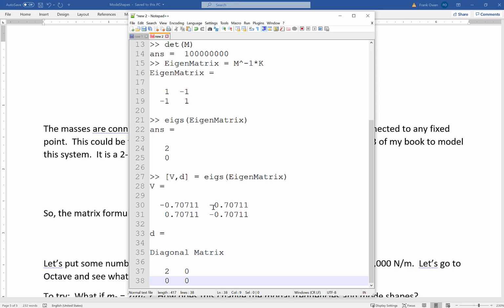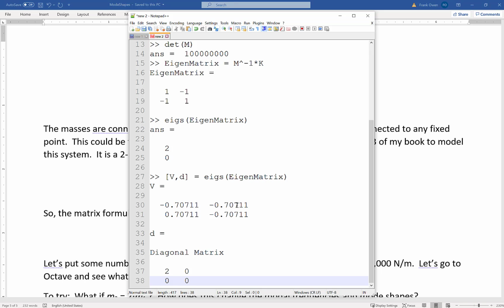They're in columns, and here's the second eigenvector here. The value of each component of the eigenvector is actually not that important. It's the relative value of the two that's important. So this is one possibility here. Notice that these are the same.